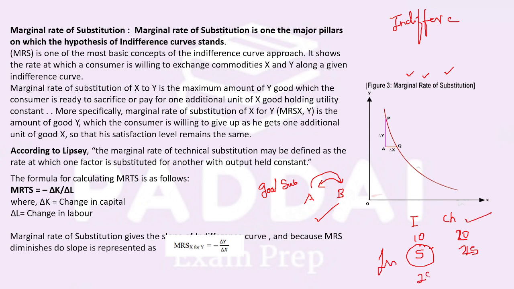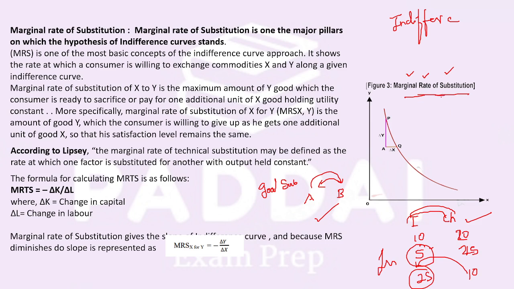Or if we call it 25 and 10, here chocolates are substituted by ice cream. So they are substitutable products. So there is a law called marginal rate of substitution, on which the hypothesis of indifference curve is based.